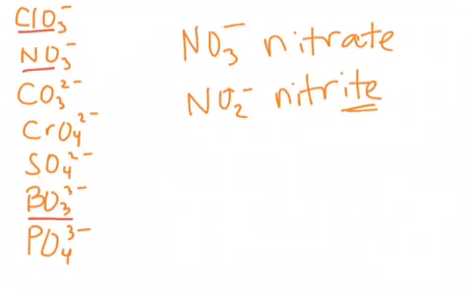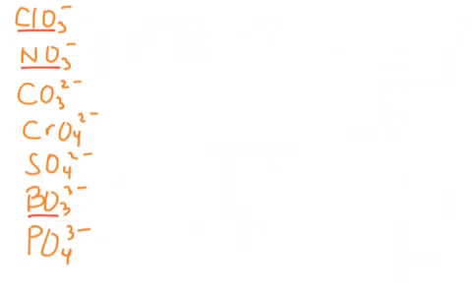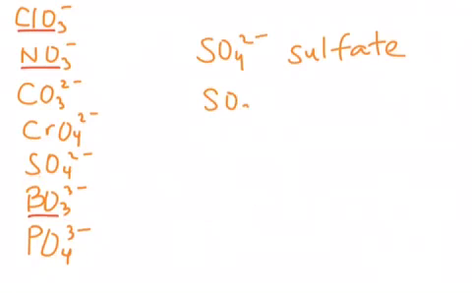And borate's going to be nice and easy for us. For this class, we're not going to learn any other types of borate. So we've got 3 of these down so far. For sulfate, we're going to start with SO4, 2-, that's sulfate. And if we lose an oxygen, we get a new ion, SO3, 2-, which is sulfite, because I lost that oxygen.